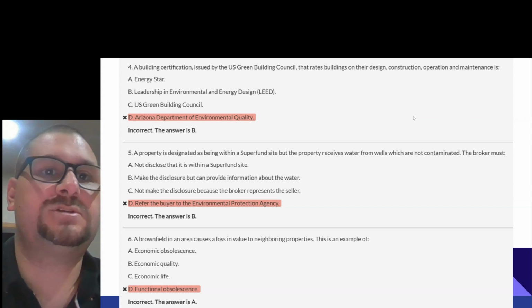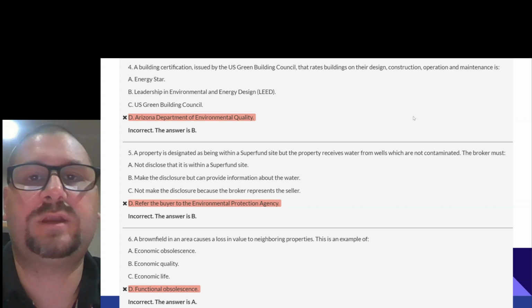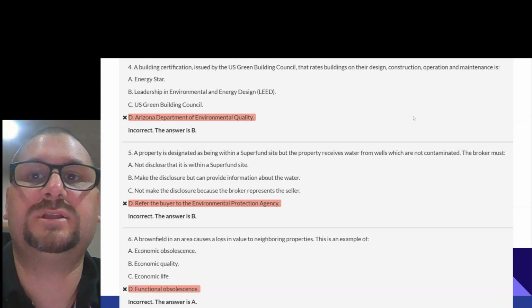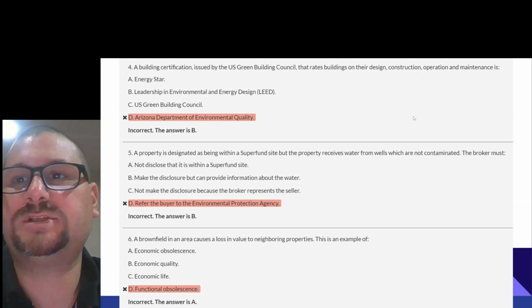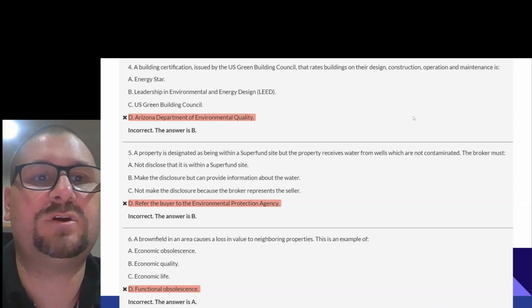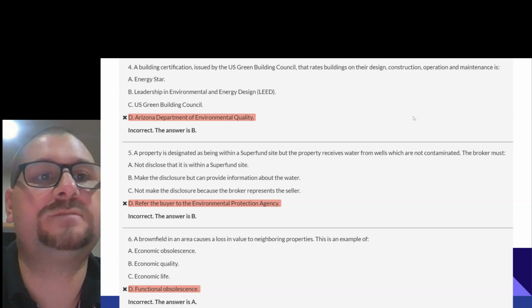A building certification issued by the U.S. Green Building Council that rates buildings on their design, construction, operation, and maintenance is what? Bravo, Leadership in Environmental and Energy Design, LEED.